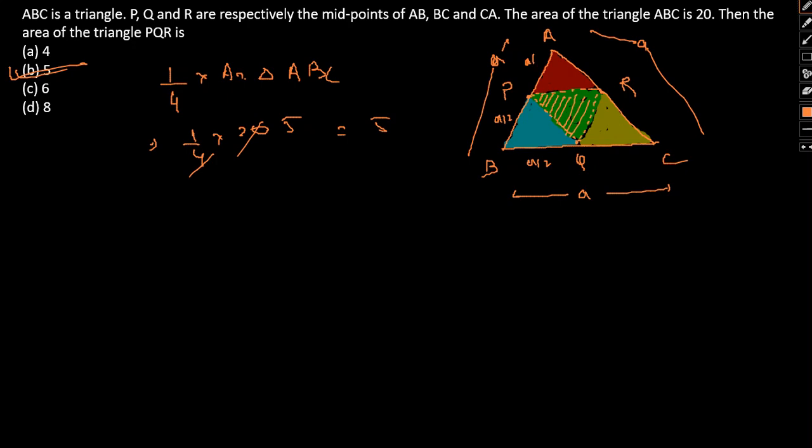Similarly, this will also be A by 2, A by 2, area again 1 by 4th, and again 1 by 4th, so another 4th remaining, that would be the central triangle. So I hope this is clear. The approach was the same. It was a fairly simple question. Now let's move on to the second one.